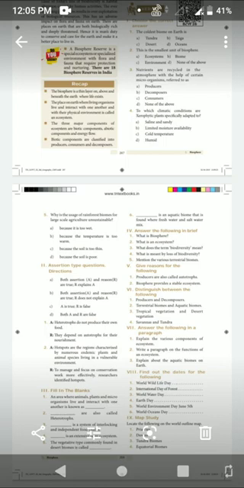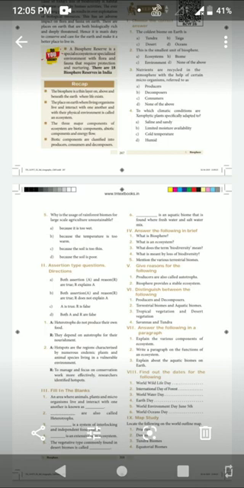Next, distinguish between, there are only two questions here: producers and decomposers, terrestrial biomes and aquatic biomes. This is also a very, very important question. Producers and decomposers. What do you know about this?